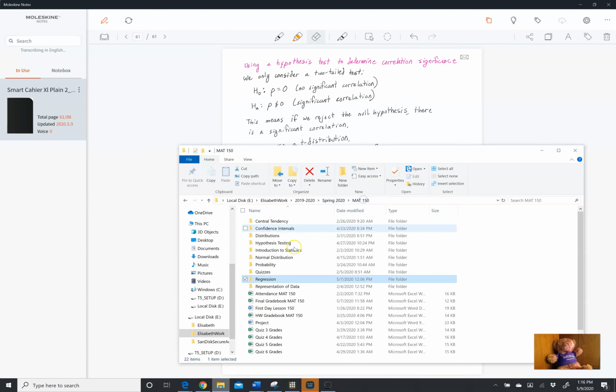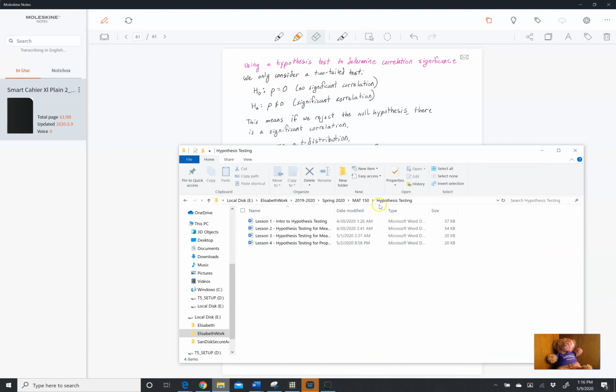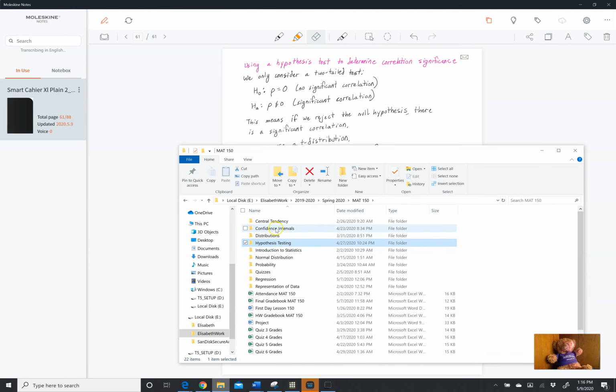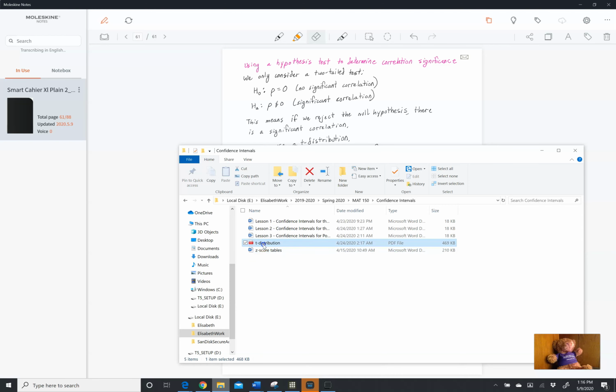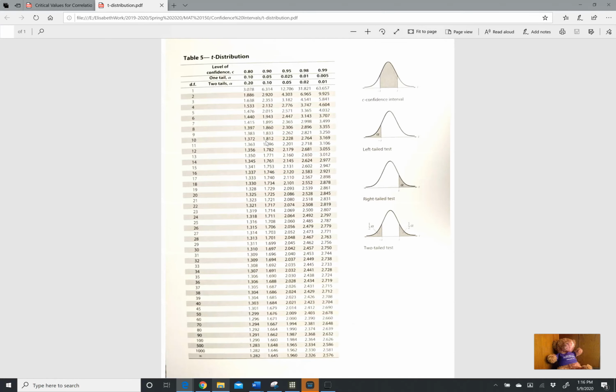Just ignore what you're seeing; this is just how I organize all of your files. Okay, so here's your t-distribution.